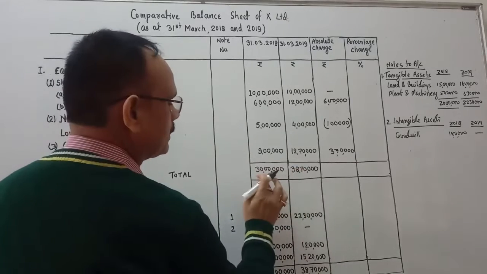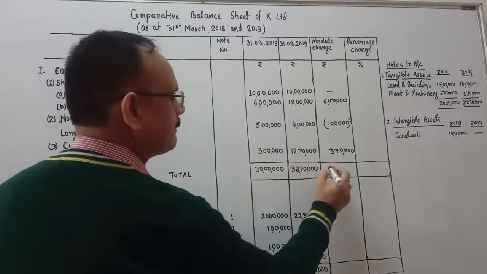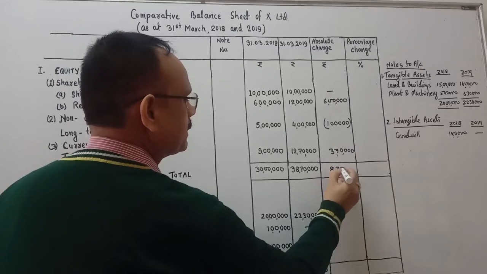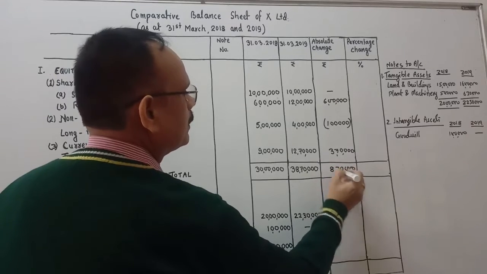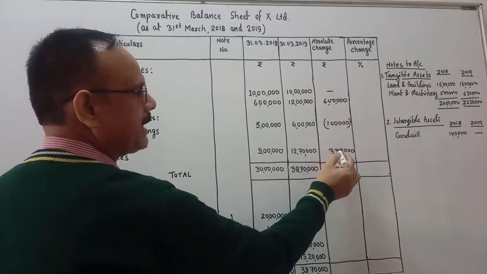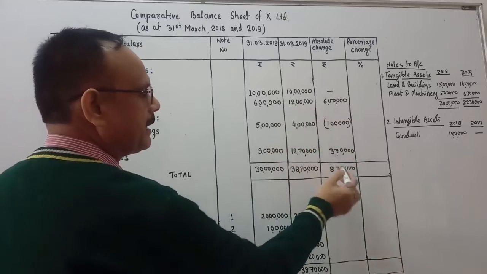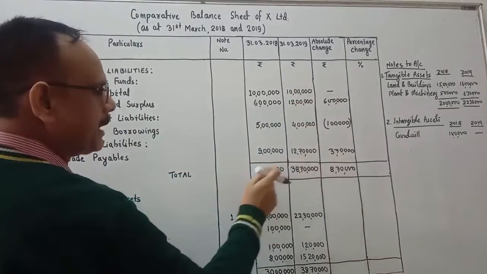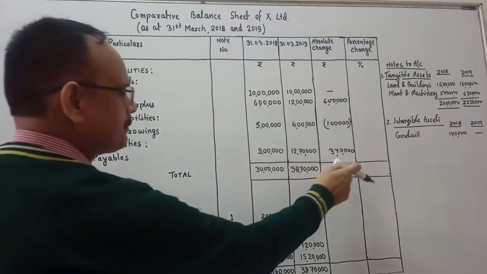In total, 30 lakhs to 38 lakh 70,000, so it is increased by 8 lakh 70,000. You can see from here 6 lakhs plus 3 lakh 70,000 is 9 lakh 70,000, minus 1 lakh is 8 lakh 70,000. You can match this figure from this side also.